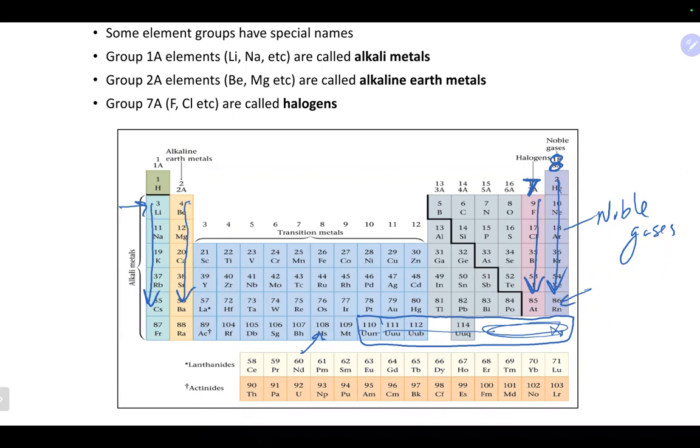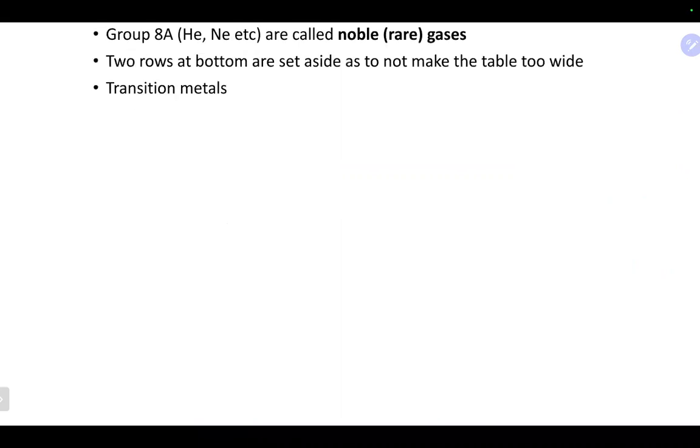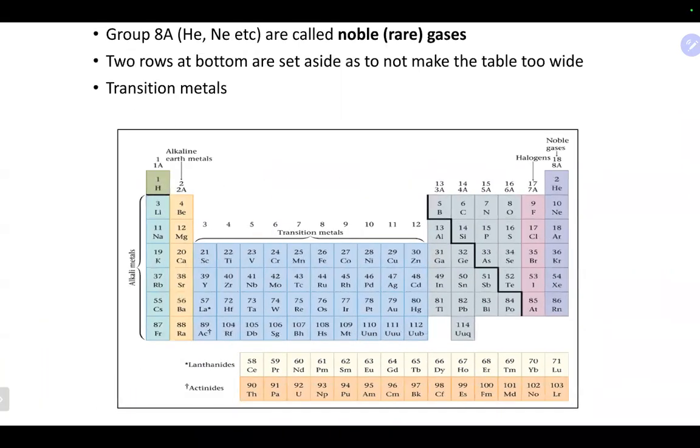Other questions? As I mentioned before, there are also two rows set to the bottom of the periodic table, the lanthanides and actinides, because those are the two rows that they really should follow, which are right here.